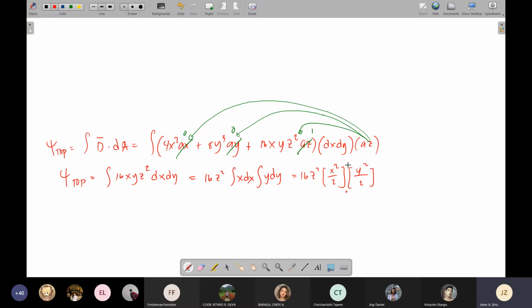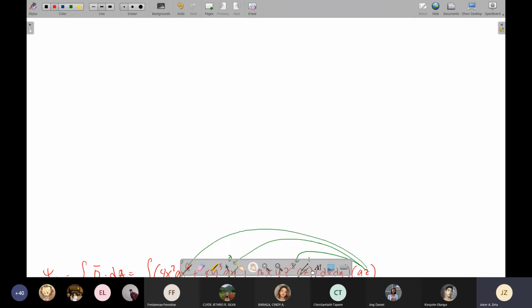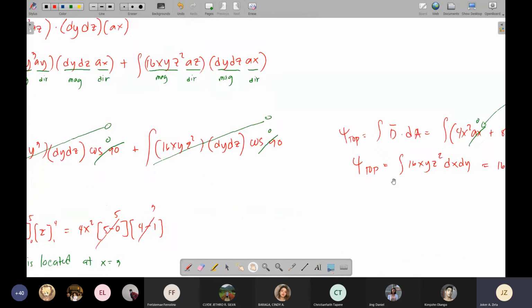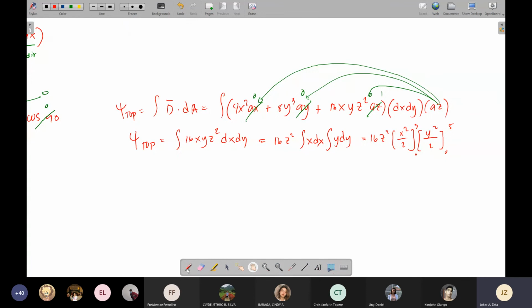Limits for x are 0 to 3, and for y are 0 to 5. Is that right? For x, 0 to 3, and y is 0 to 5. So with that, flux on the top would become 16z squared times 3 squared over 2 minus 0, times 5 squared over 2 minus 0.